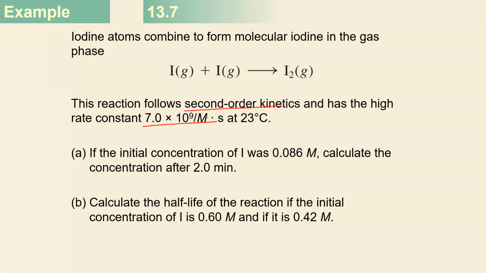So that's why the rate constant is so very large. Notice too that the units on our rate constant have changed now that we're second order. It's per molar second rather than just per second. So it gives an initial concentration of 0.086 molar, and we're going to calculate the concentration after 2 minutes.